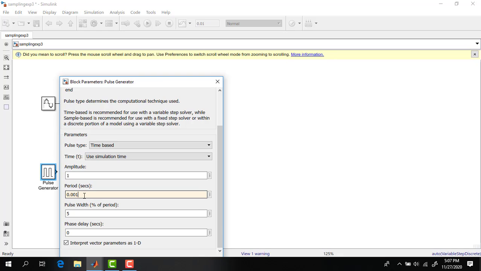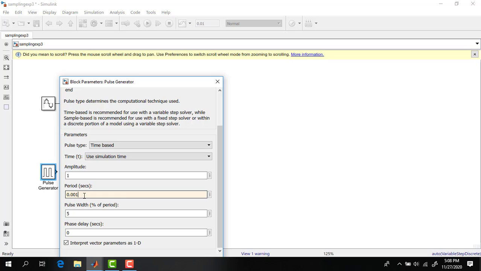If you want more precision, let's say you want to increase your frequency to 2000 Hz. It's fine because 2000 is greater than double of the original signal frequency, which was 500, right? So 2000 is also okay. But if you want 2000 Hz, then your time period should be 0.0005.